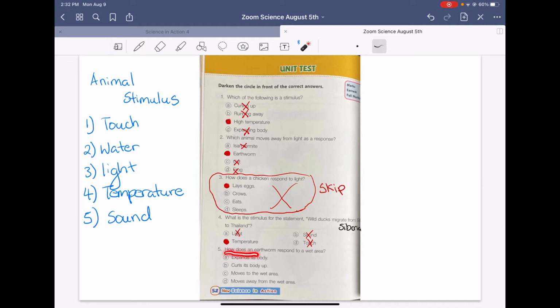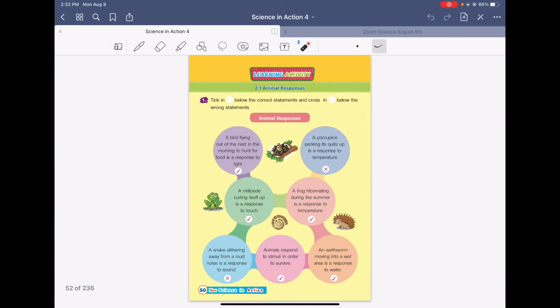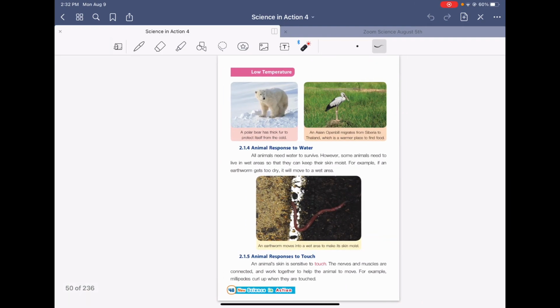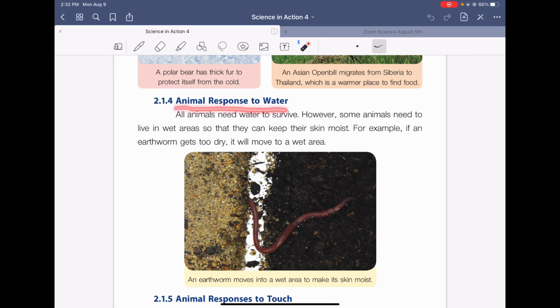How does an earthworm respond to a wet area? Let's take a look. Do you remember earthworms? We saw earthworms here. Animal responds to water. An earthworm moves into a wet area to make its skin moist.